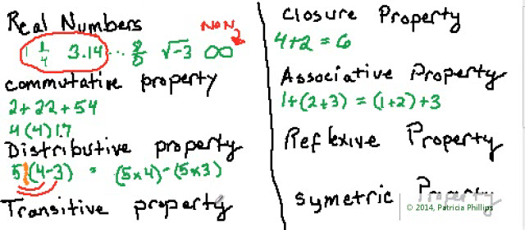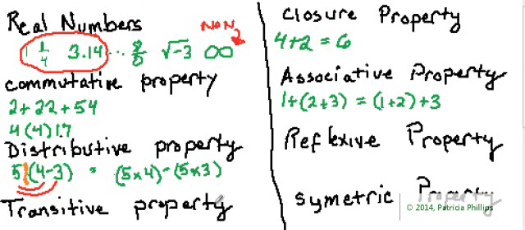Okay, so the next one then is the reflexive property. And the true name is reflexive property of equality. But I didn't write it all out because I didn't have the room. So the reflexive property is all about equality, and it simply means that a number is equal to itself.